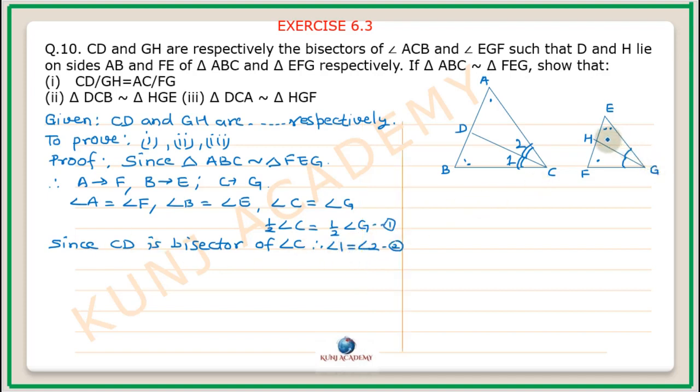Since GH is bisector of angle G, these two angles are equal: angle 3 is equal to angle 4. From 1, 2 and 3, angle C is equal to angle G and their halves are also equal. Therefore angle 1 is equal to angle 2, is equal to angle 3, is equal to angle 4.